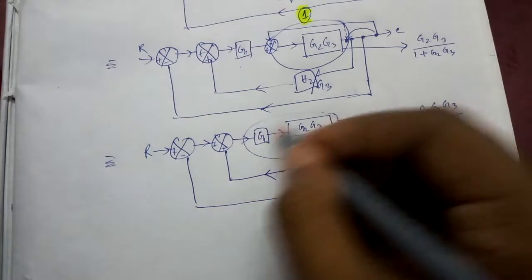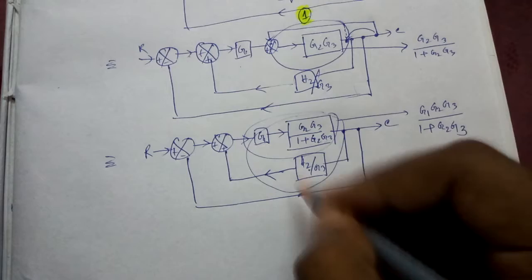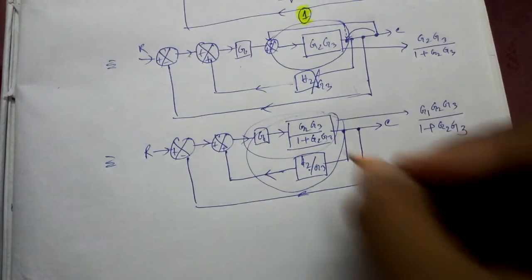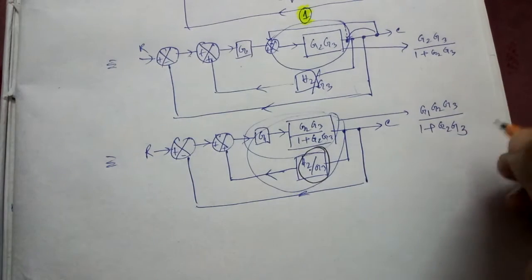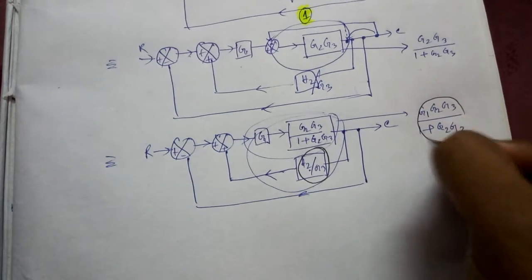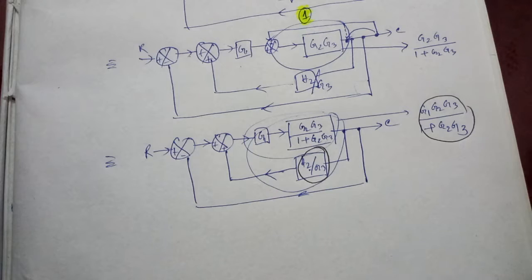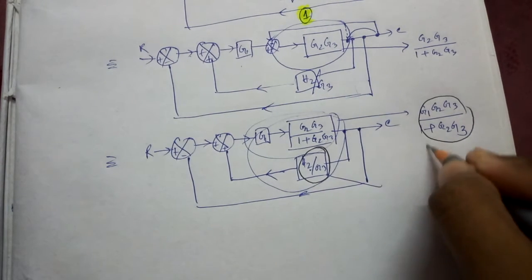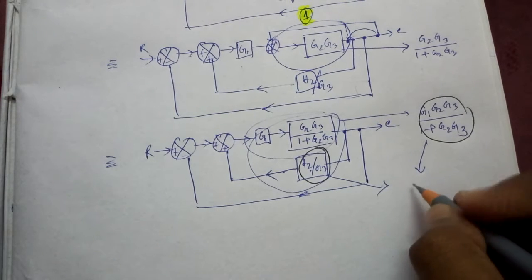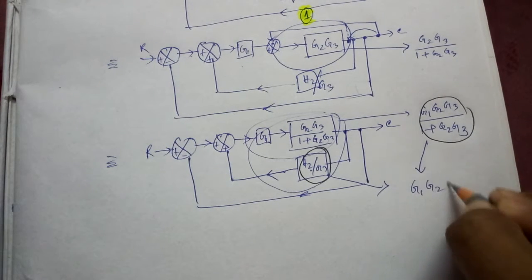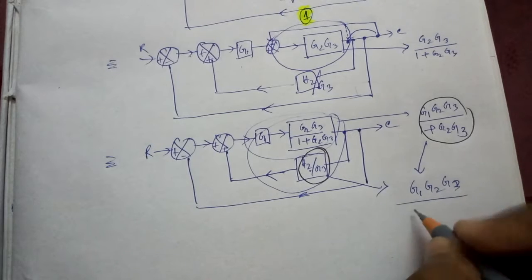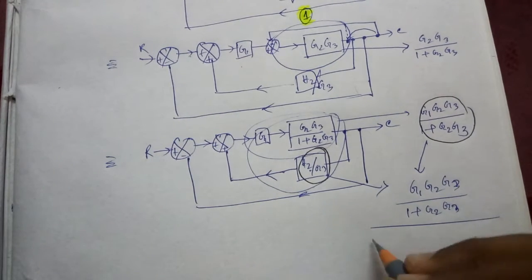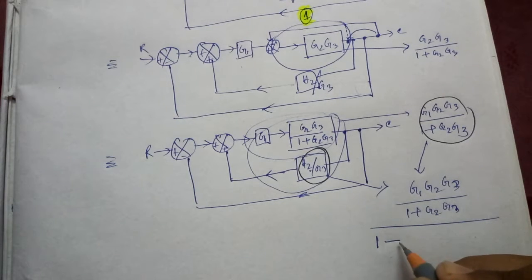When I calculate the overall feedback, then I will take this as feedback and this as the system transfer function or the plant. Then the overall transfer function will be G1 G2 G3 by 1 plus G2 G3, and as there is positive feedback, then 1 minus.